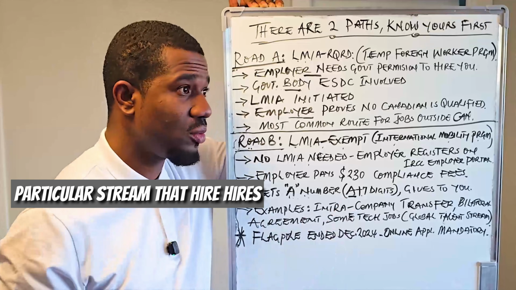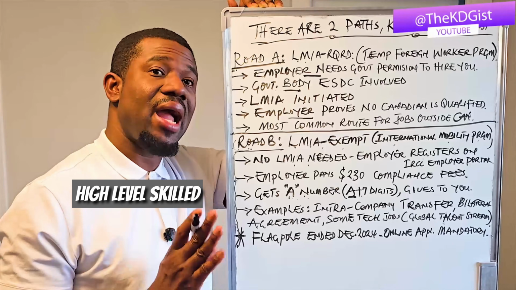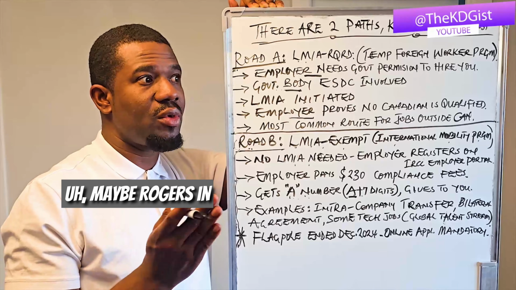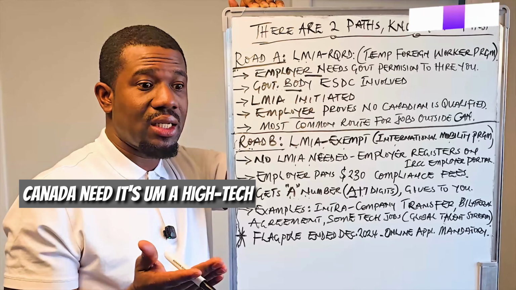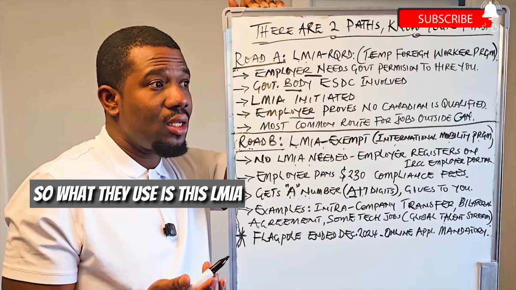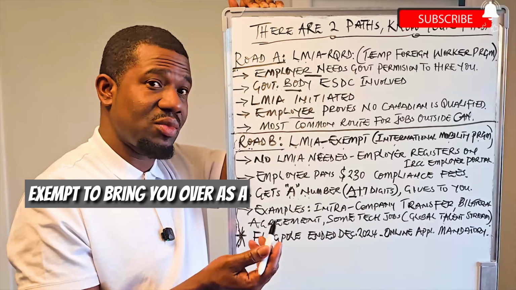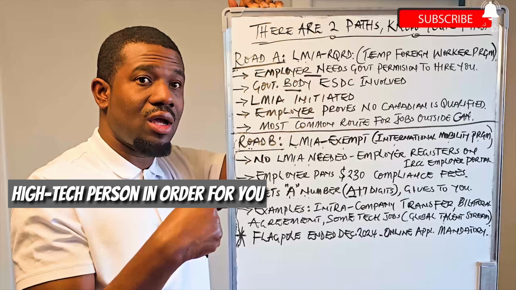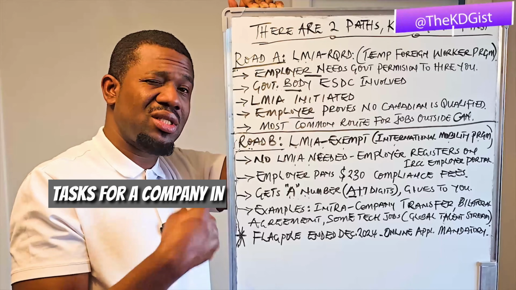This is a particular stream that hires high-level skilled tech people. So if Rogers in Canada needs a high-tech person from Saudi Arabia, they use this LMIA-Exempt route to bring you over to perform specific duties or tasks for the company in Canada.